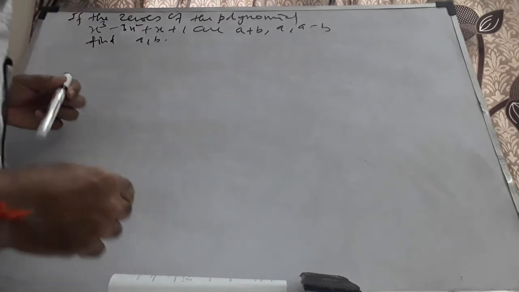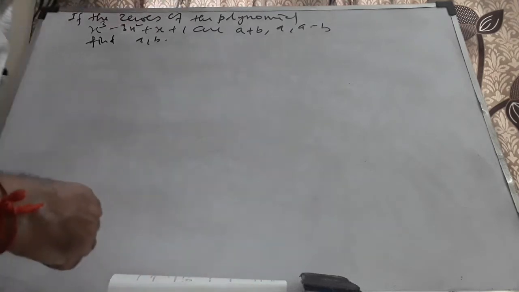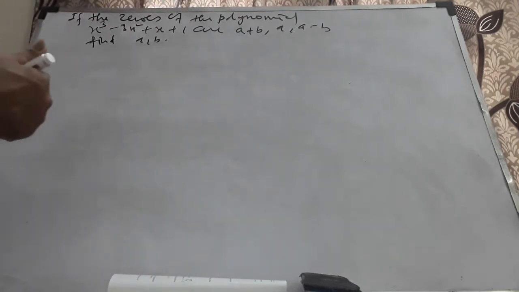Let me repeat. If the zeros of the polynomial x cube minus 3x square plus x plus 1 are a minus b, a, a plus b, then find a, b.